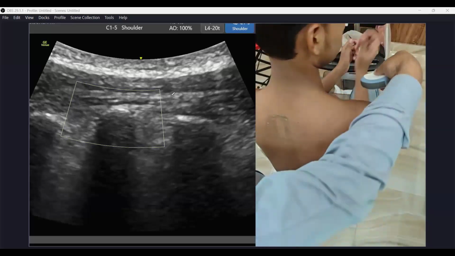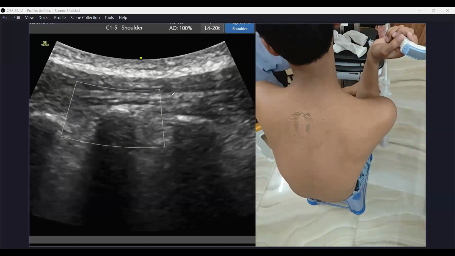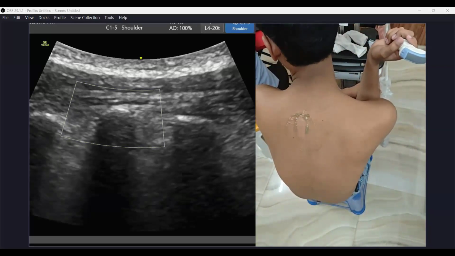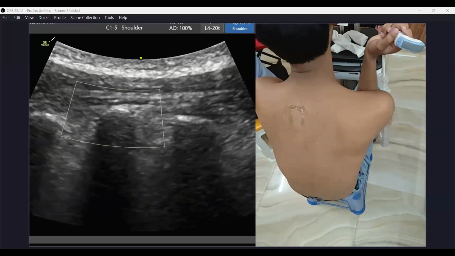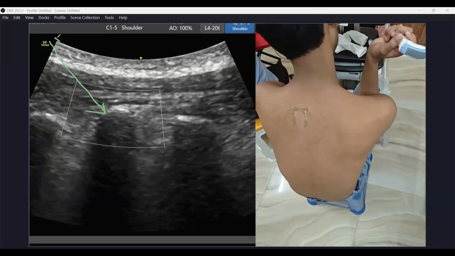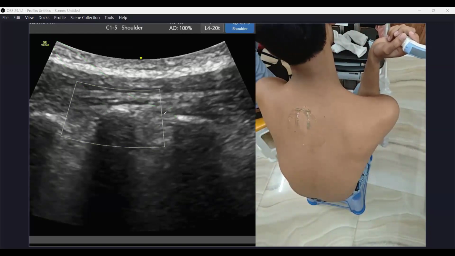Okay, so in this view also, for doing a block, our needle will come to this level or to this level, the upper and outer quadrant of the transverse process.